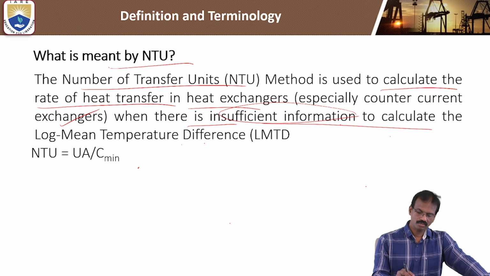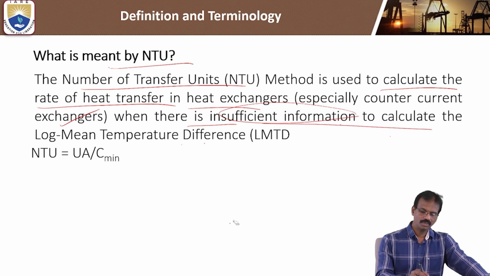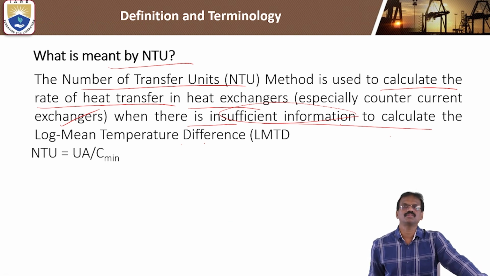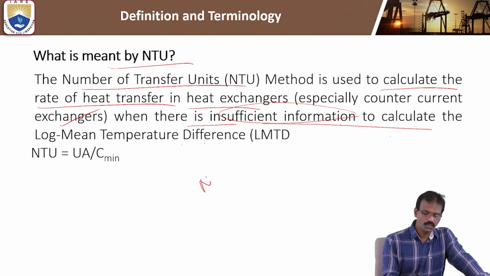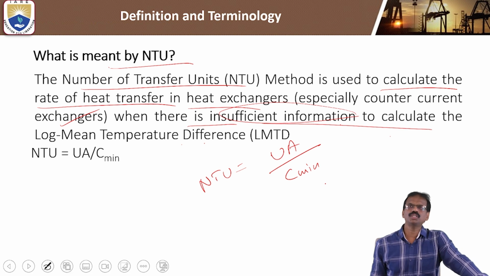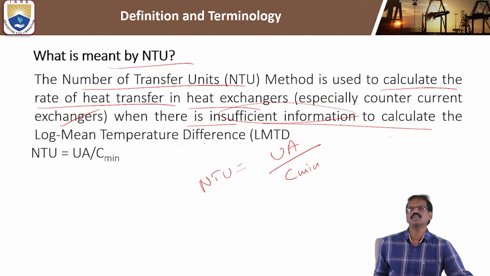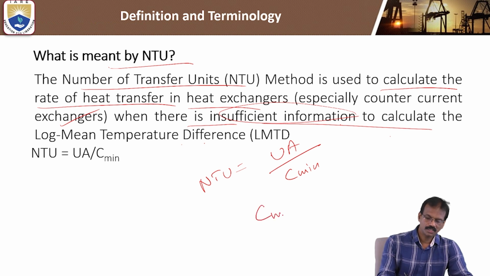In that case, if you know the inlet temperatures, then with the help of the NTU method, we can find out the rate of heat transfer. Okay. So NTU is nothing but UA by C minimum. U is the overall heat transfer coefficient, A is the area of the fluid flow, and C minimum is the minimum specific heat.